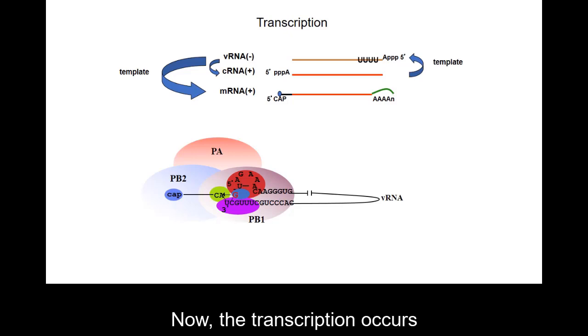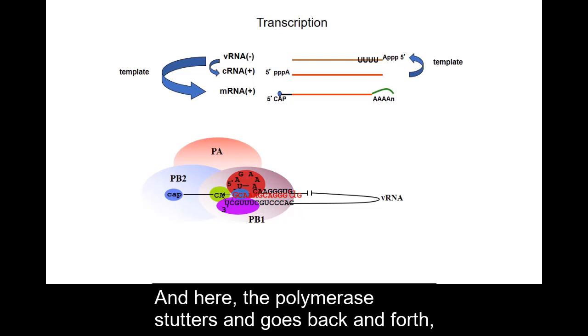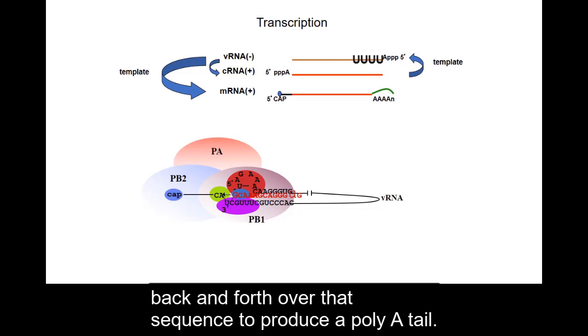Now the transcription occurs until the polymerase reaches a U stretch on the negative sense template. And here the polymerase stutters and goes back and forth over that sequence to produce a poly A tail.